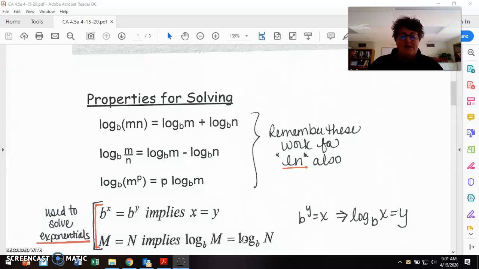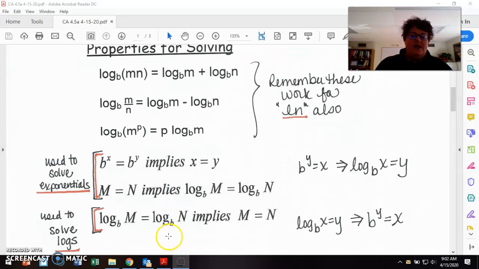Another way that you may be able to use is converting from an exponential to a log, but that's only if you're given a b and an x. If you're given a b and an x and you're just trying to solve for y, then you can change it to a logarithm and solve.